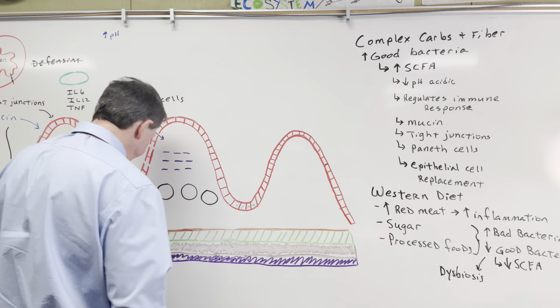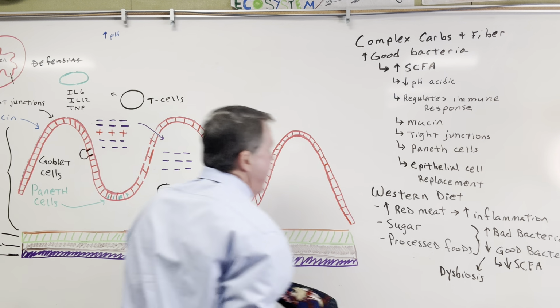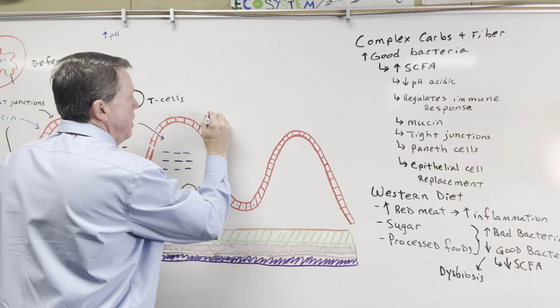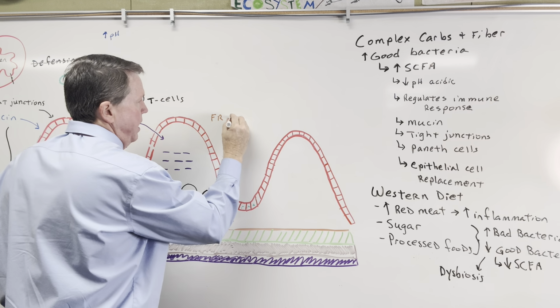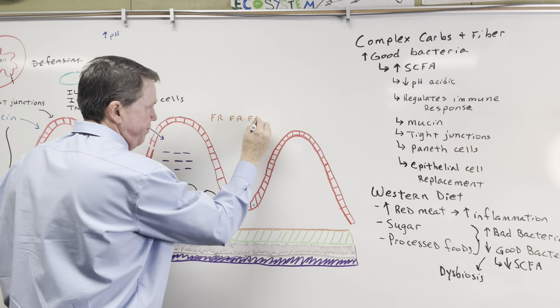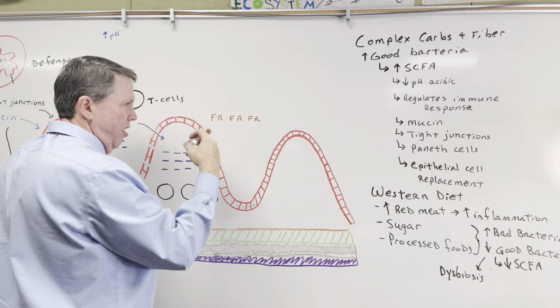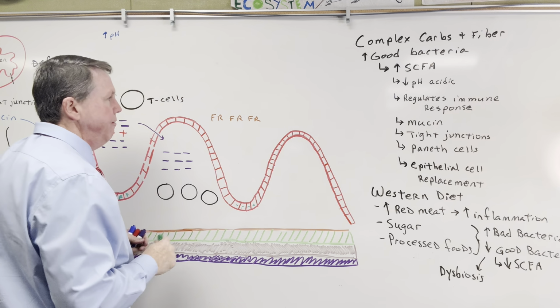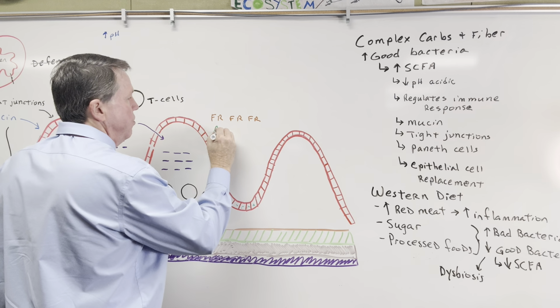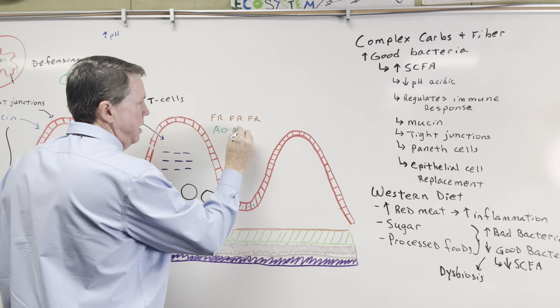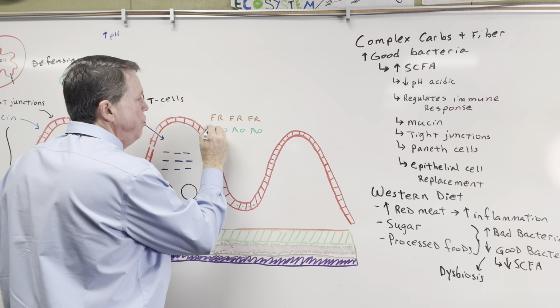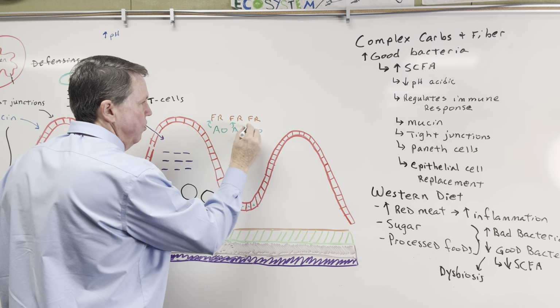Let's use brown. Here are my free radicals, okay? You have free radicals in the body from different things. Free radicals are basically molecules that are highly reactive. So we have free radicals, but then your body also produces something called antioxidants. And your antioxidants will neutralize these free radicals.